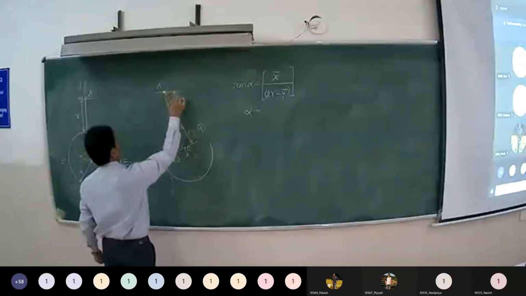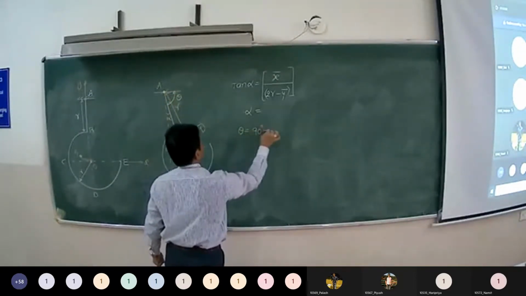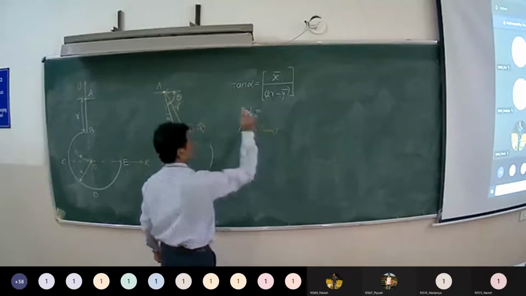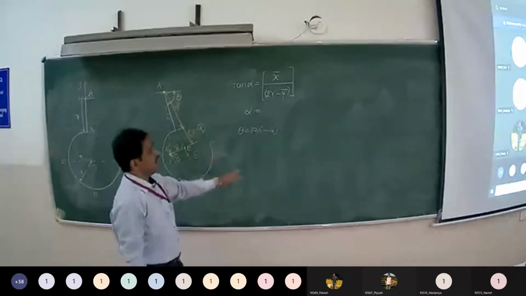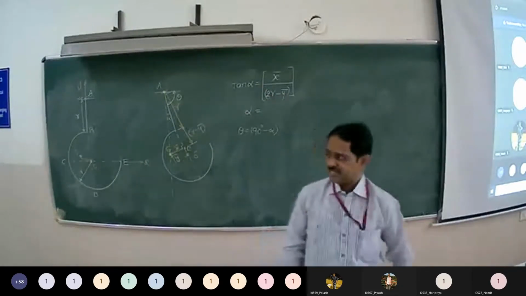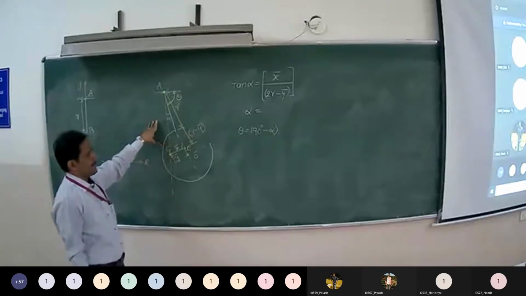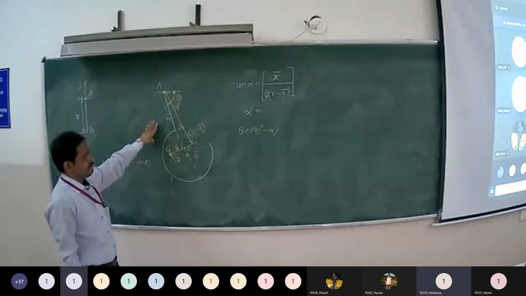With respect to horizontal, let us say theta. Theta is equal to 90 minus alpha. It's simply that first you have to find out x bar and y bar for the given bend. You understood this geometry? Yes, sir.